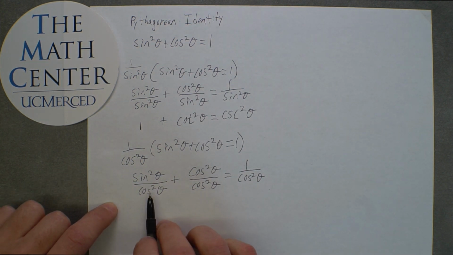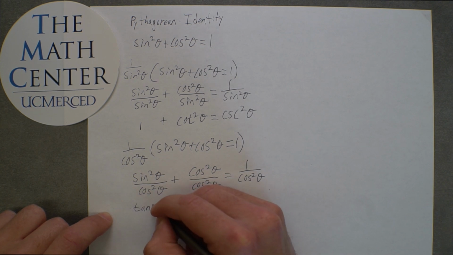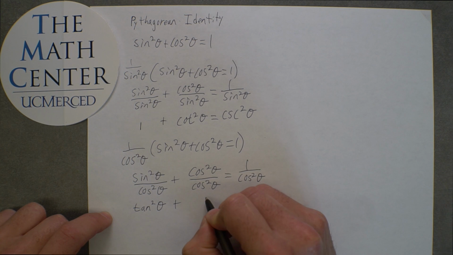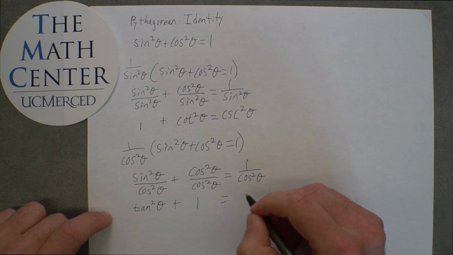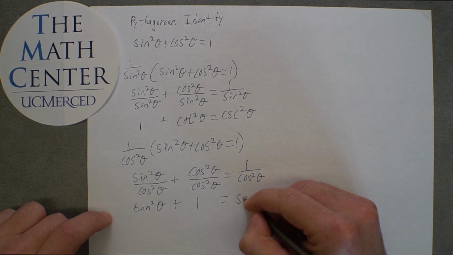If we simplify this, sine squared theta over cosine squared theta is going to equal tangent squared theta plus cosine squared theta over cosine squared theta is the same as writing 1. This is equal to 1 over cosine squared theta, which is the same thing as writing secant squared theta.